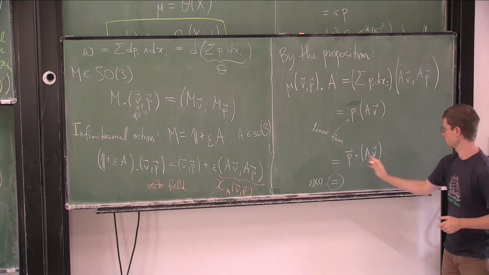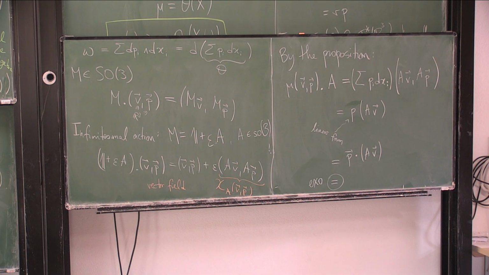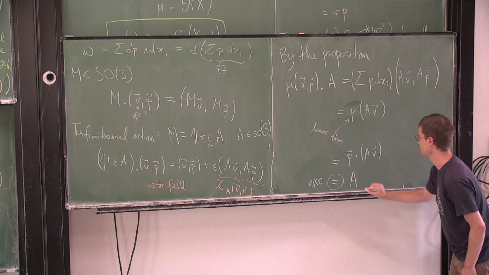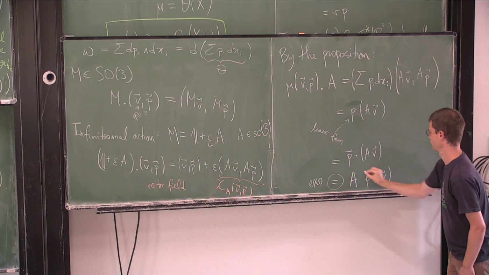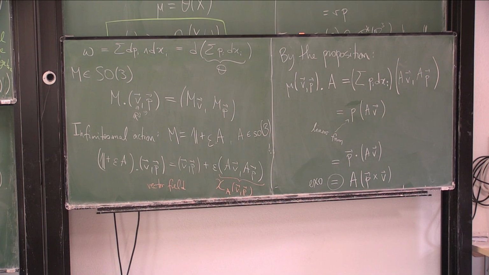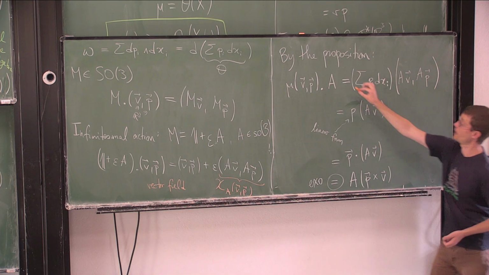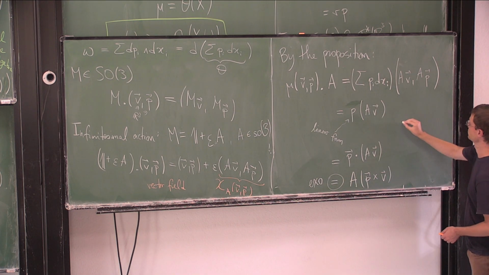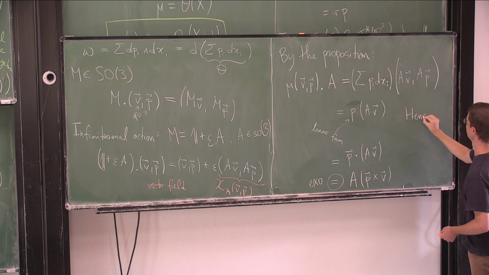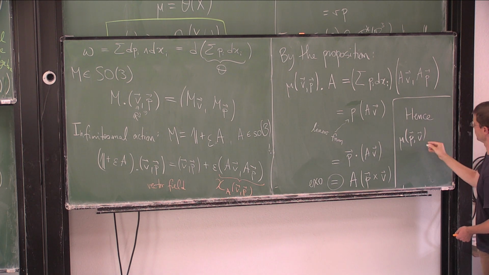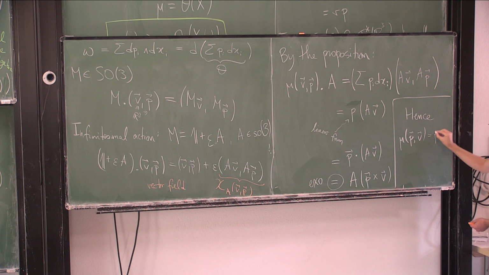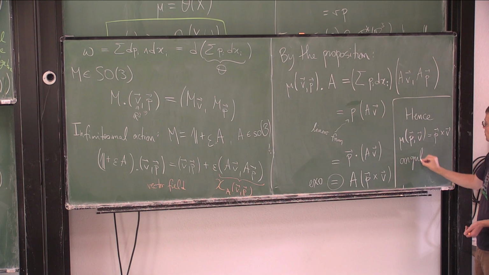But you can check that you can write this as A applied to P cross product with B. And then I can forget about A and say that hence the moment map at P and V is this cross product P cross V, and this is angular momentum.